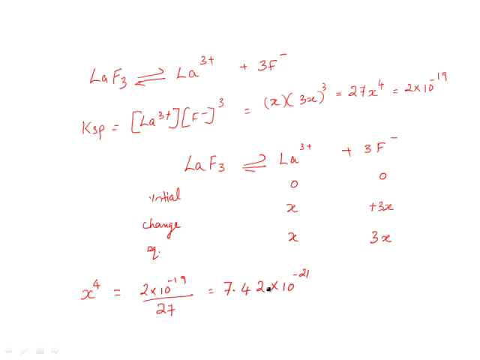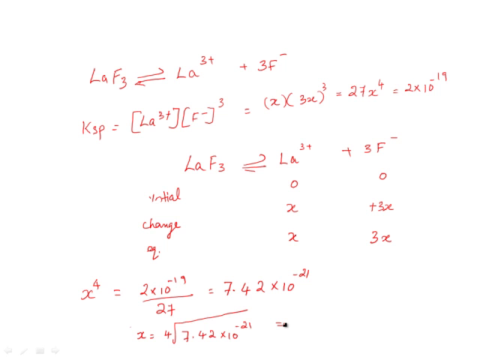So x is going to be the 4th root of that number. So how do I do the 4th root in my calculator? Oh, I see it. So I need to put 4 first.